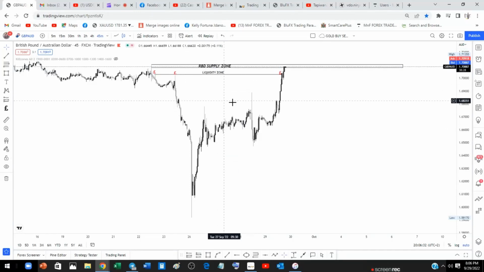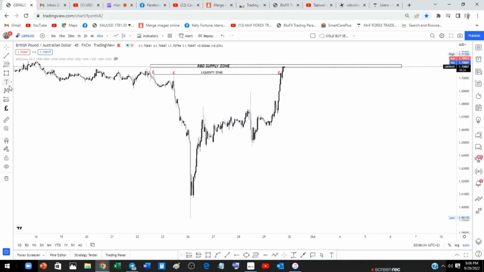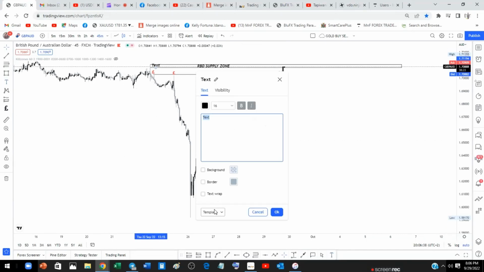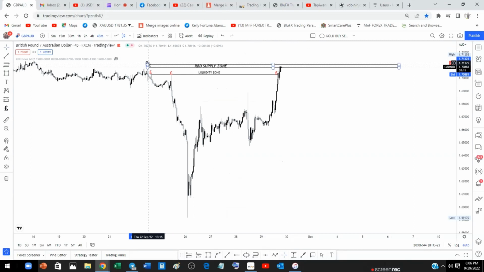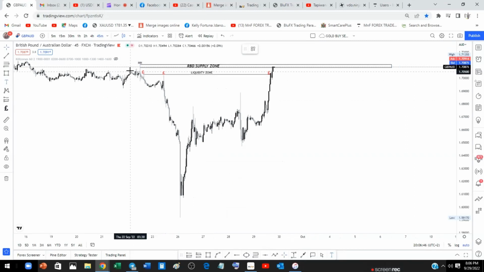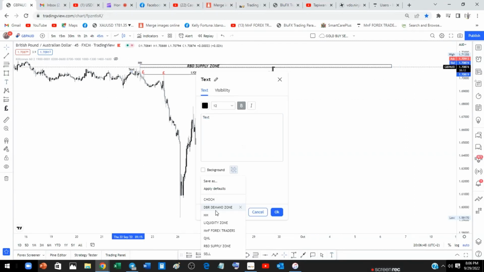We have our structure in place, and then right here, this is my higher high. This is my higher high right there, and then we have a QML right here.